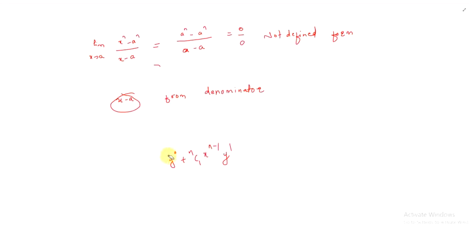Now let us see how to use this result if n is equal to minus m, that is, if n is less than 0. So if n is less than 0, let us consider that n is equal to minus m.